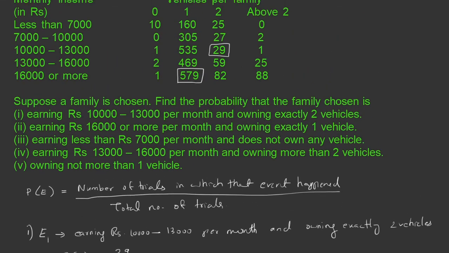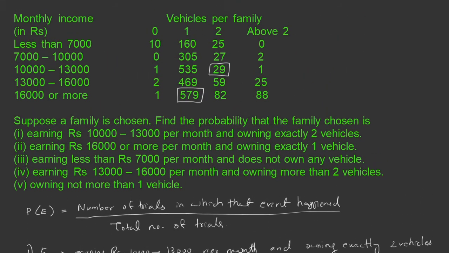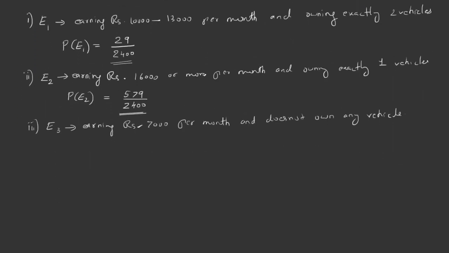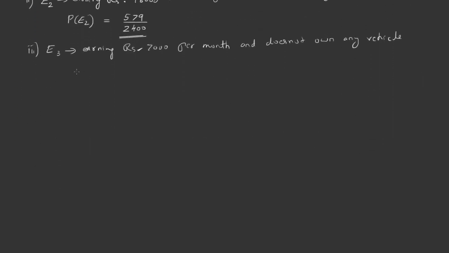Let us look into the data for finding the value. Less than 7,000 income per month and does not own any vehicle. The number of families is 10. Therefore, the probability of this event can be written as P(E3) is equal to 10 divided by 2400.